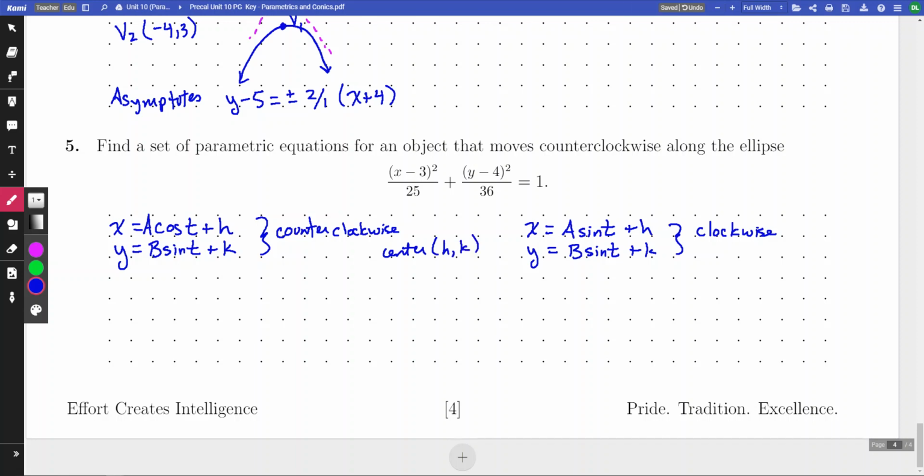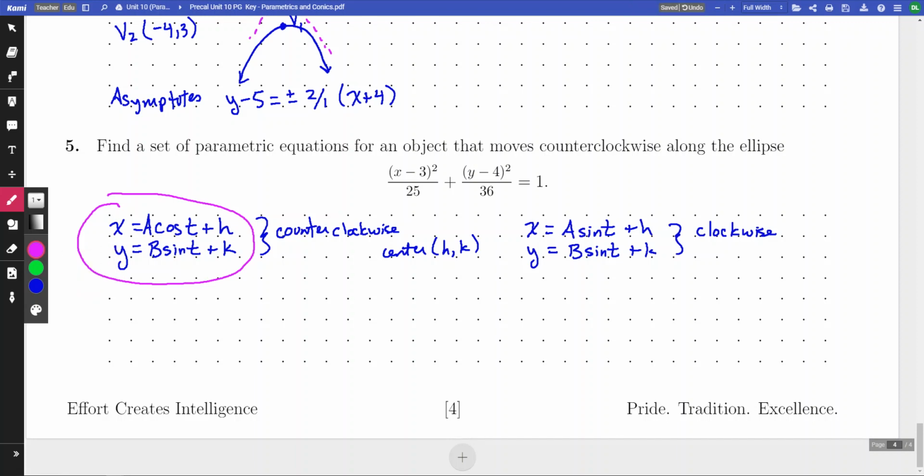All right. So for us, if we want a counterclockwise ellipse with our given values, we need to be able to identify the form that we're going to use. And we've said, hey, I know I want counterclockwise, so this is the form I want to use.